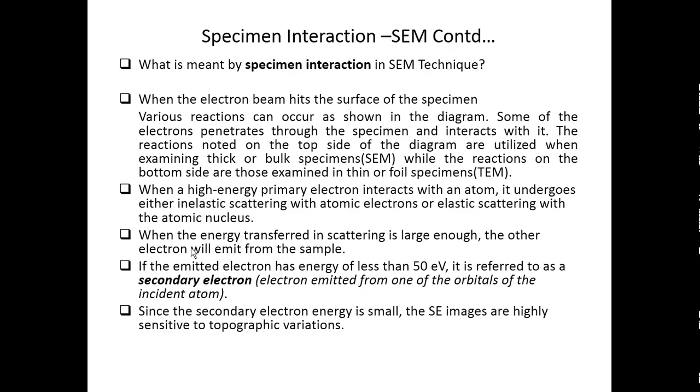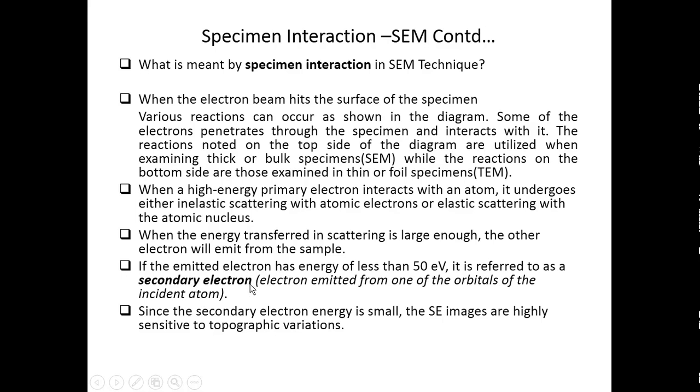Okay. If the emitted electrons have an energy of less than 50 electron volts, such electron emissions are usually called secondary electrons, or electrons emitted from one of the orbitals of the incident atom.